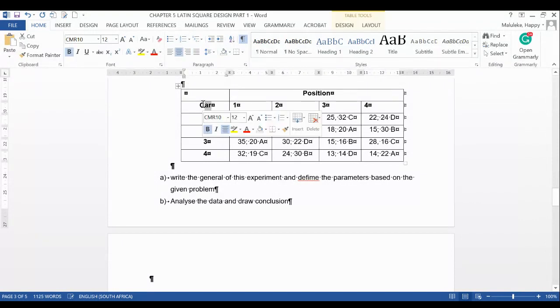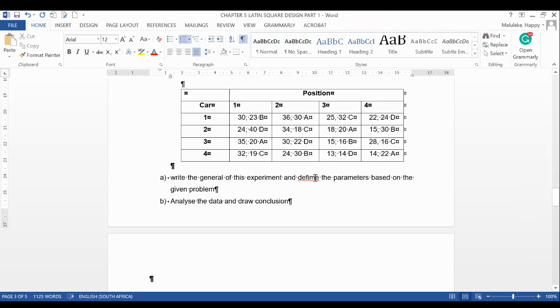So you go to that model, you write Yij equals mu plus beta j plus tau, or it can be rho i plus beta j plus tau k plus eijk.